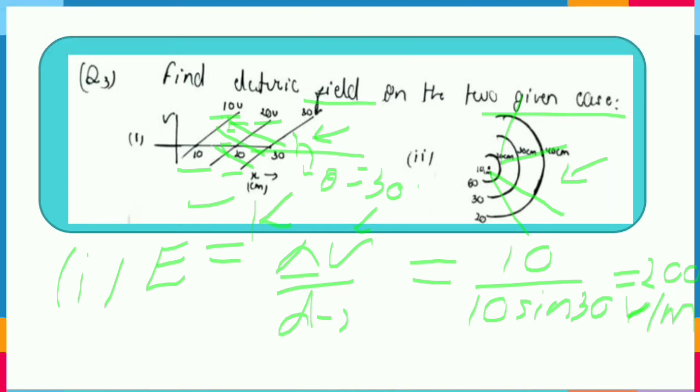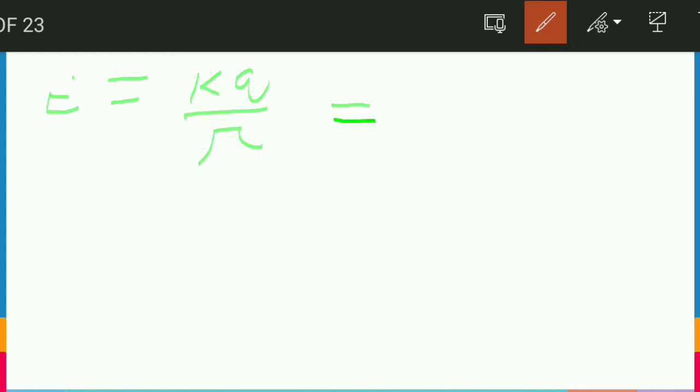Now let's jump to the second case. For the second case, it is a potential surface created by a charge, so it will be in the form of kq by r. From the figure you may see that we do not know the value of q, so just put it, but we know the value of r.